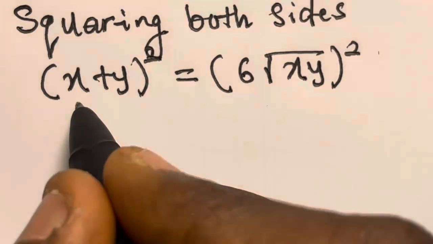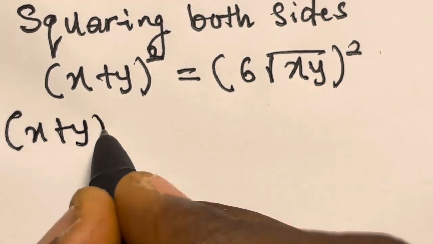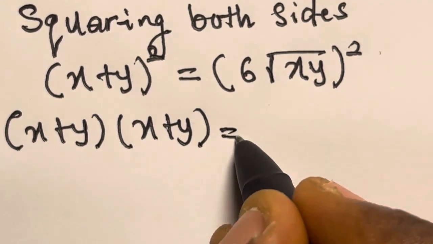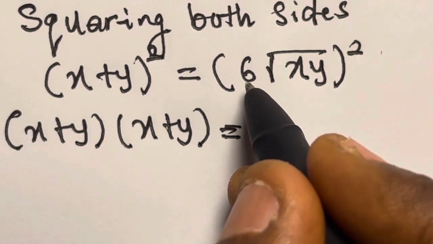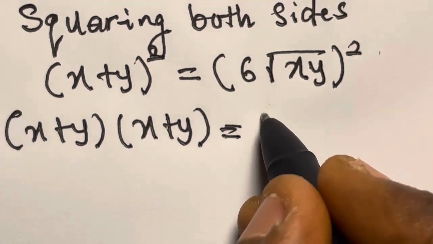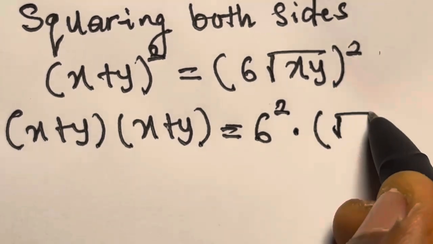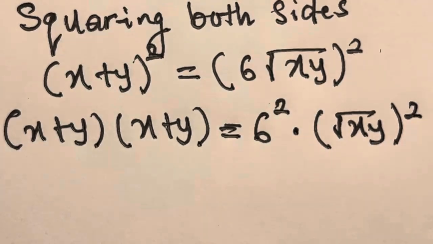This means we will have x plus y times x plus y equals, for this, we distribute this square to both 6 and square root of xy. So we have 6 squared times square root of xy, then squared.